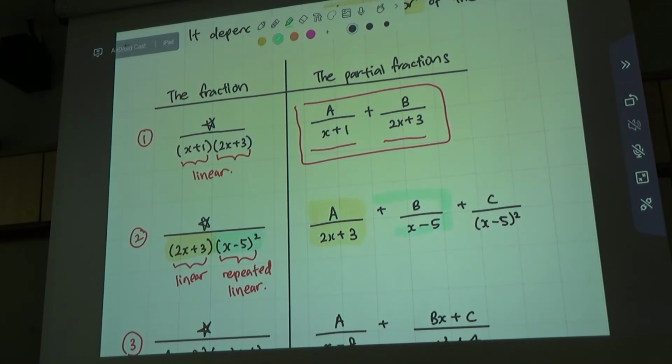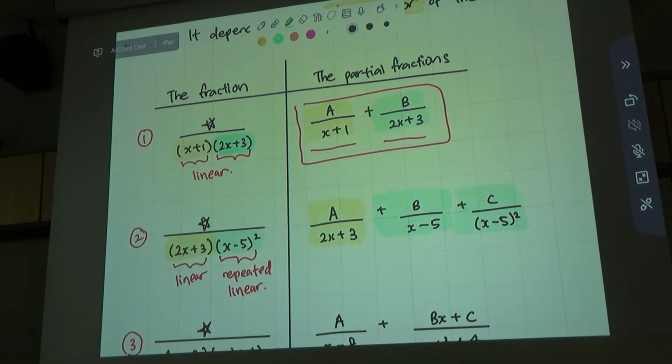One is B over x minus 5. The other is C over (x minus 5) squared. So just to draw that distinction, earlier on, when I have this one linear, it gave me this fraction. And then 2x plus 3 here gave me the other second linear fraction.